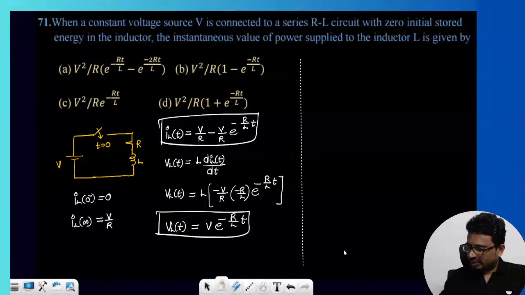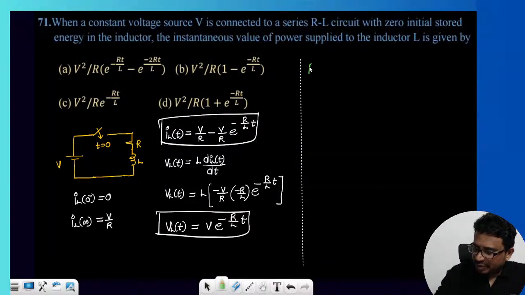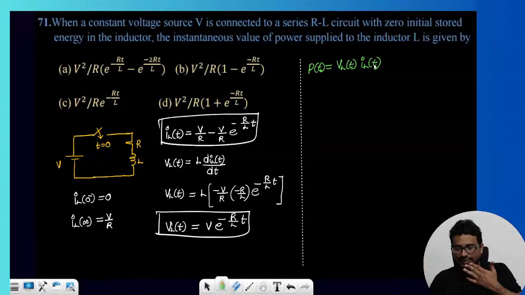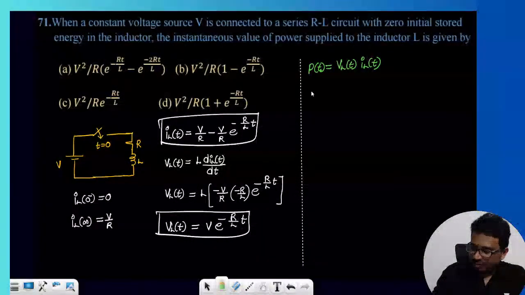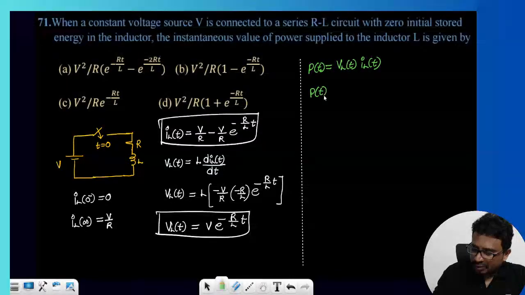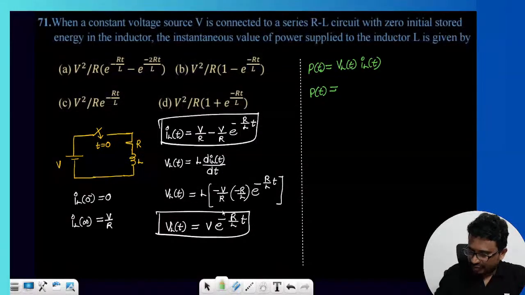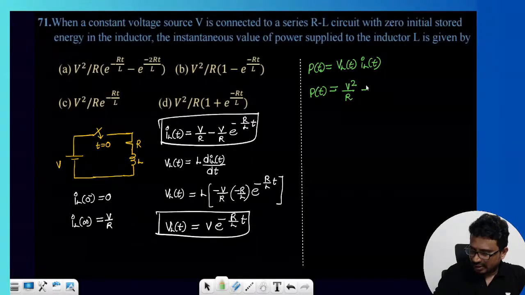The instantaneous power is given as P of t, which is equal to VL of t into IL of t. If you multiply these two, what will come?